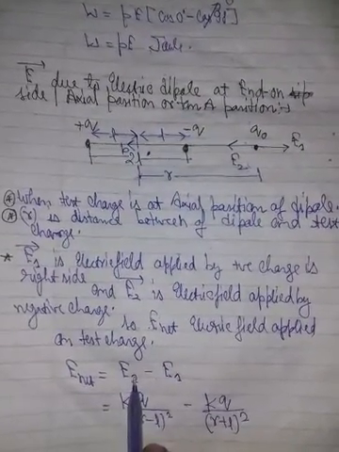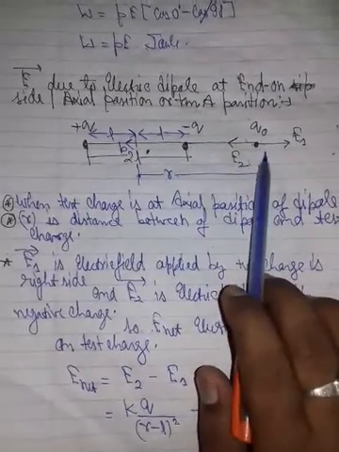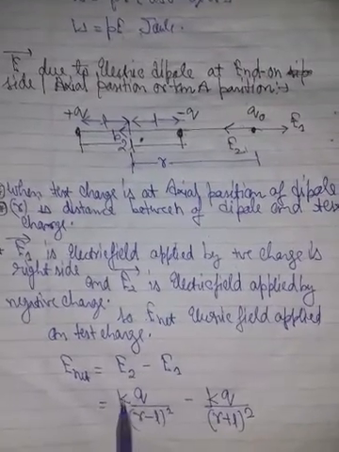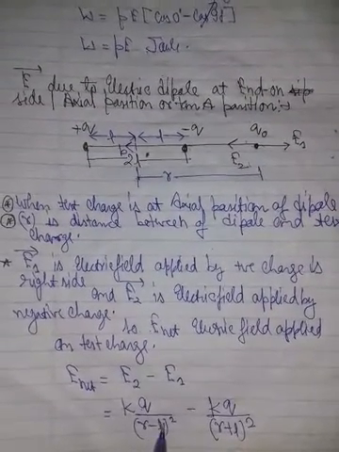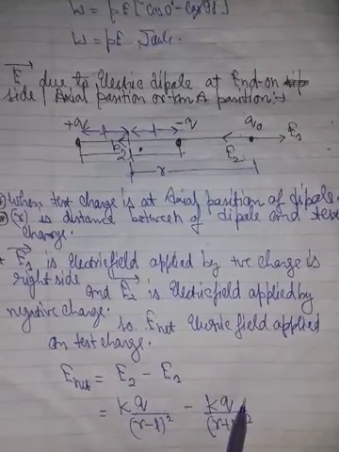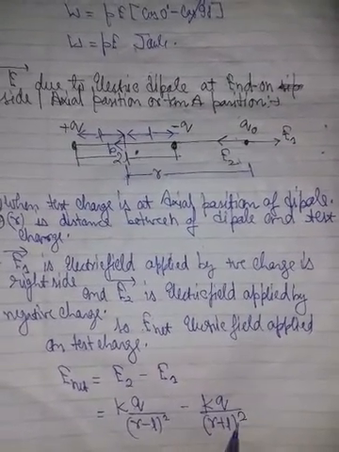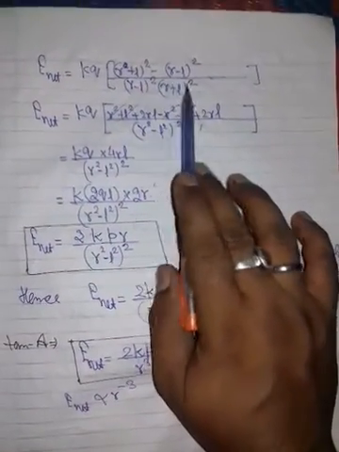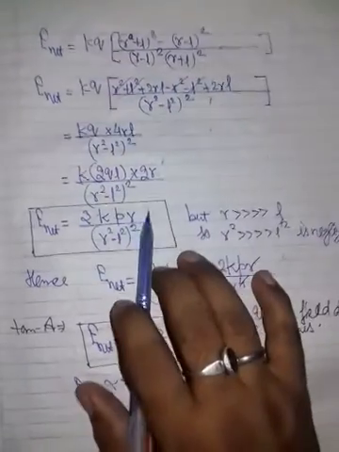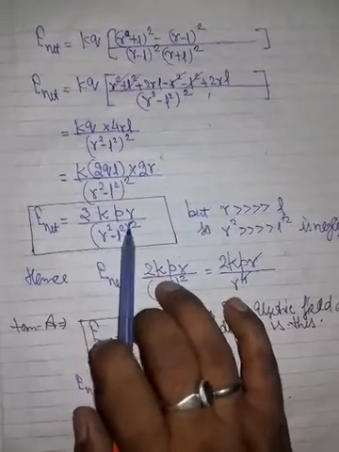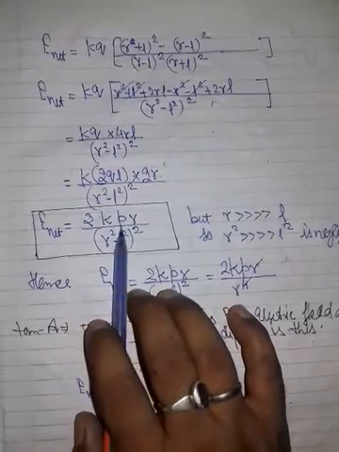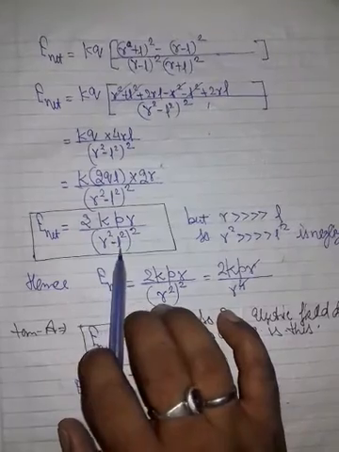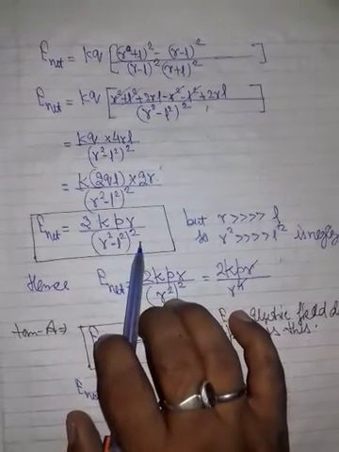The net electric field experienced by the test charge is E2 minus E1, that is KQ upon (r minus l) whole square minus KQ upon (r plus l) whole square. Taking the LCM and solving the equation, we get 2K P small r upon (r square minus l square) whole square.